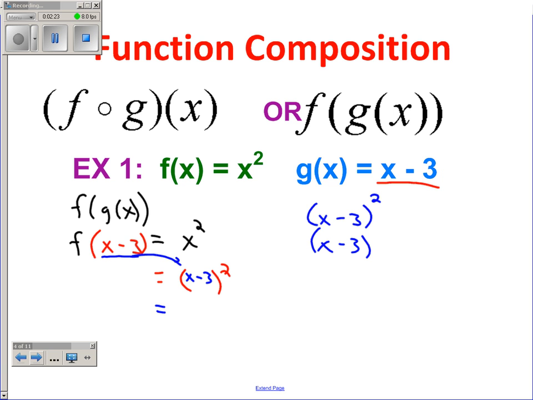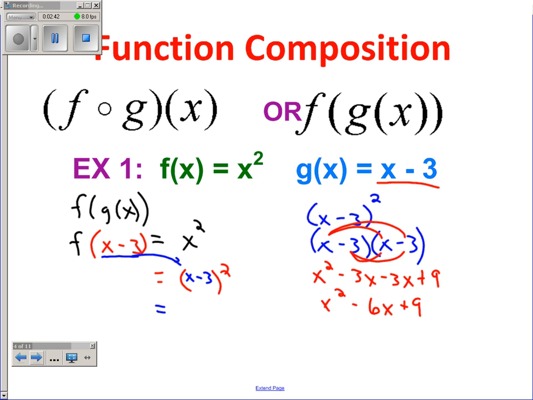Remember, that's x minus 3 times x minus 3. And I'm going to distribute. Combine like terms. And I have x squared minus 6x plus 9.